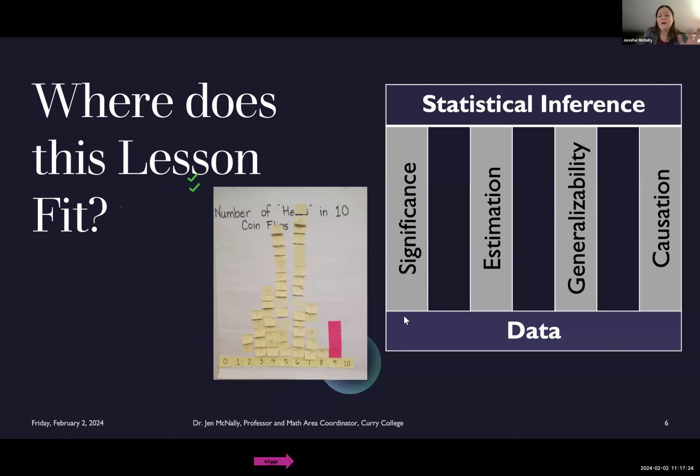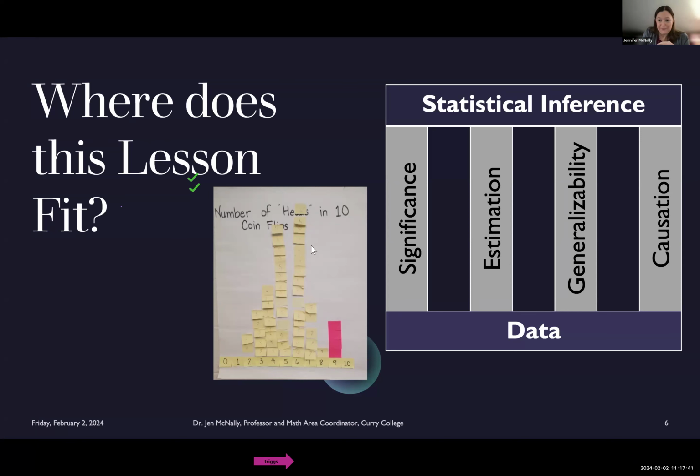And so we do that over several weeks, building and adding layers on so that students just start with their intuition and then formalize it a little bit more so that we can get to a place where we understand what the p-value is doing for us.